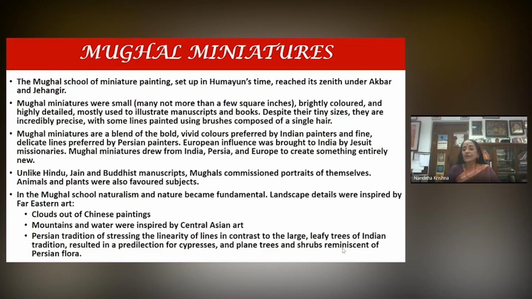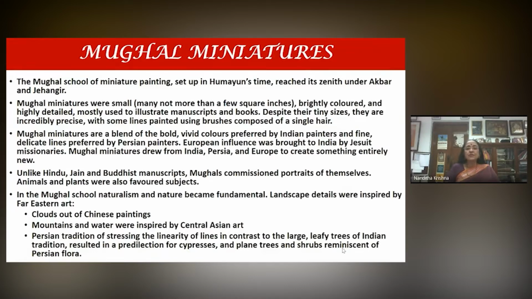Unlike Hindu, Jain, and Buddhist manuscripts, Mughals commissioned several portraits of themselves, and I'm going to show you each one of the Mughal kings as he was perceived by himself or the artist. Animals and plants were very favored subjects. In the Mughal school, naturalism in nature became fundamental.